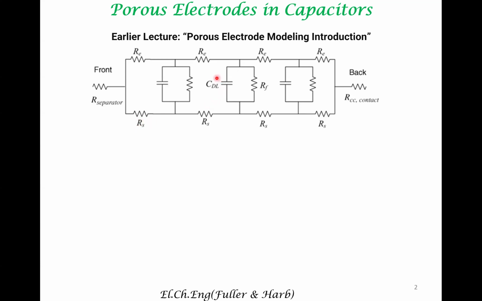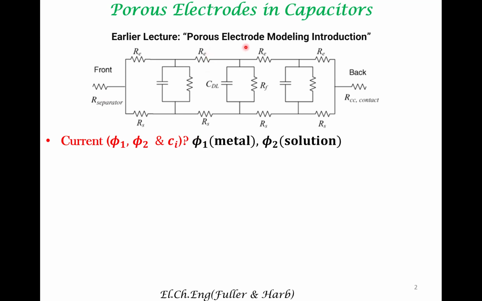Then you may have the interface between the electronic conductor and the electrolyte with its own capacitance that is indicated by double layer capacitance, and there can be resistance to charge transfer when there is a Faradaic reaction occurring between the ions in the electrolyte and the electronic conductor. All these things were introduced in this lecture. Please refer to this lecture to get additional clarification.